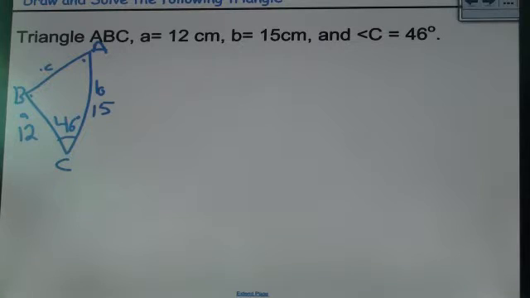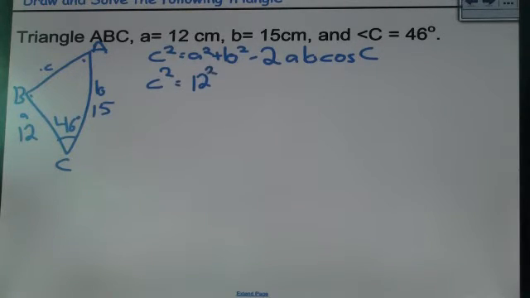I'm going to find side C first just because I know the angle across from it and the two sides. So I set up C squared equals A squared plus B squared minus 2AB cosine C. And I get C squared equals 12 squared plus 15 squared minus 2 times 12 times 15 cosine, and the angle is 46.